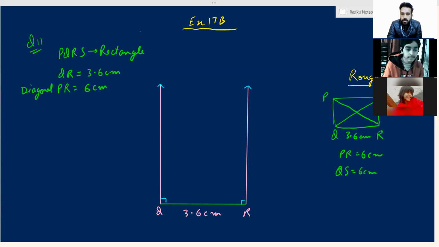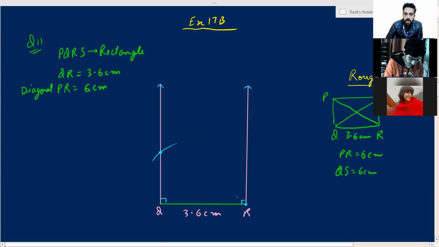Very easy thing to do now. What is the length of PR? Given in the question, 6 centimeters. So just take 6 centimeters in the compass, and keep your compass at vertex R and draw an arc here in this direction. All of you, look at this. Draw an arc on the opposite side, not on the same side.